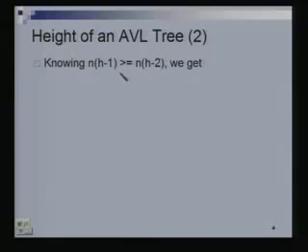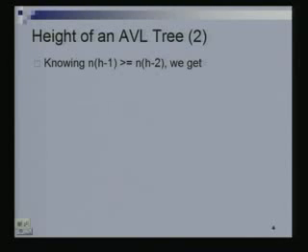Okay. So we are not going to be solving this recurrence exactly, we are going to do an approximate solving. First we use the fact that n of h minus 1 is only going to be larger than n of h minus 2, because as the height of the tree grows, the number of nodes cannot reduce. It will only be more.